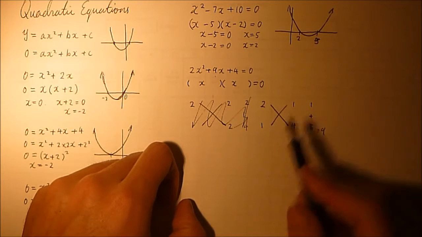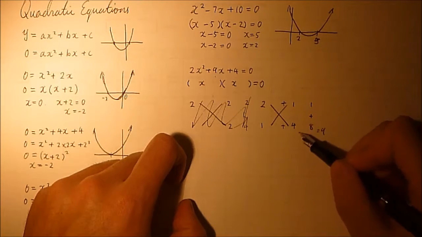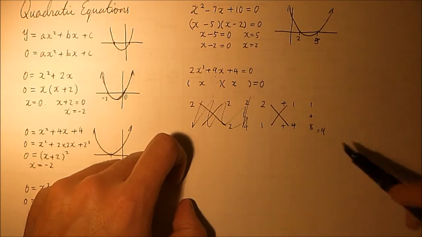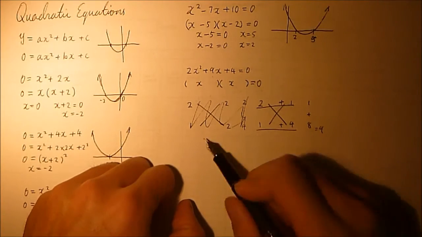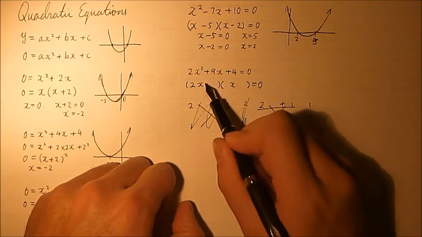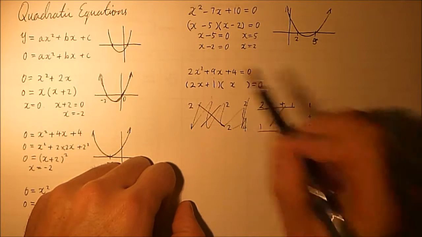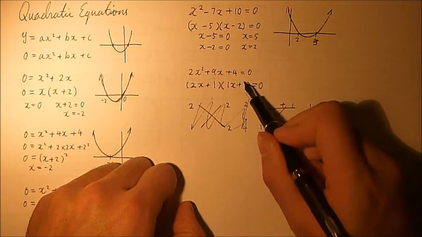Of course, they have to be positive, because these two multiplied have to give positive 4. And we just transcribe this and this with 2x plus 1 and 1x plus 4.